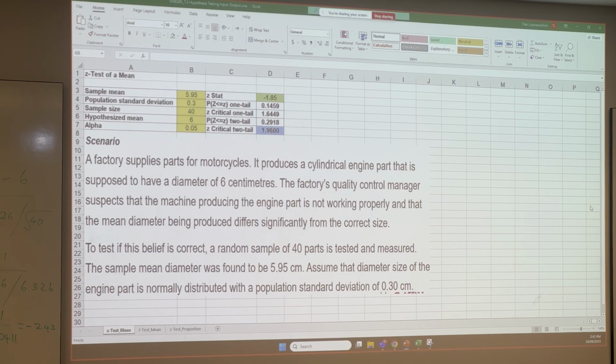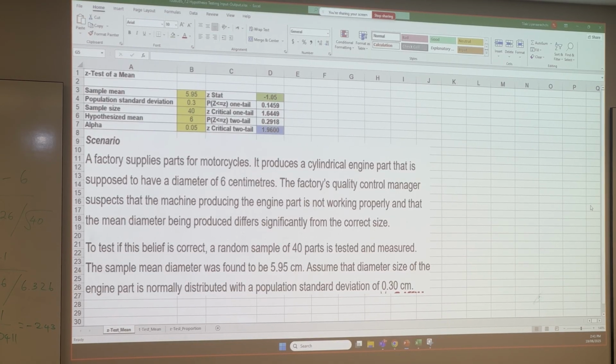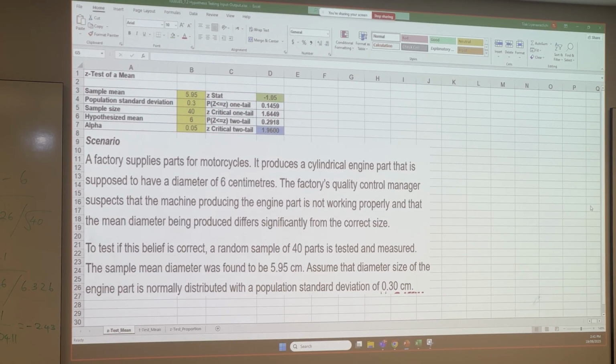This one? Yes. How to do that? You need to read the question and find out those values.